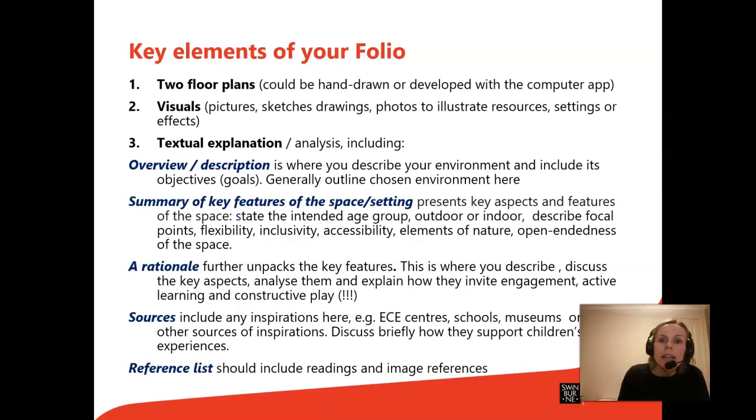And then in the next section, you'd be explaining the particular space, so the features of the space, the age group it's for, and then some of the other characteristics that we're looking for as well. So it could be making points about accessibility, how flexible the space is, etc.